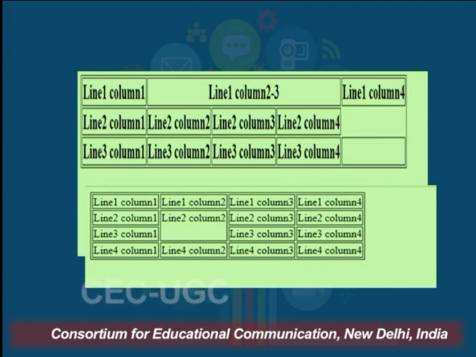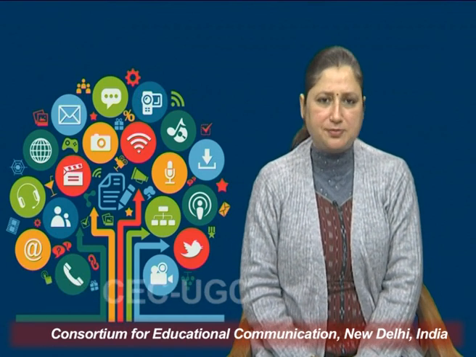Or in the second example you can see that the second and third row have been merged for the second column, right. When you want to create this kind of structure where cells have been merged, then for this you need another attribute of the TD tag, which is called the row span or the col span attribute.